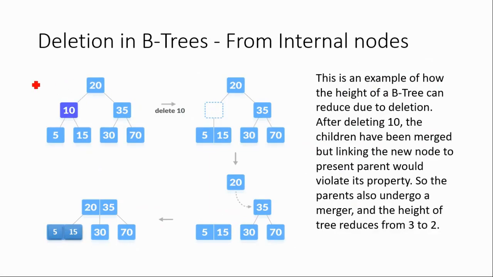So this example discusses this aspect. We have this particular B tree which looks like a BST, but it is also a B tree, of order 2 probably, because there are two children. And then we have deleted 10.